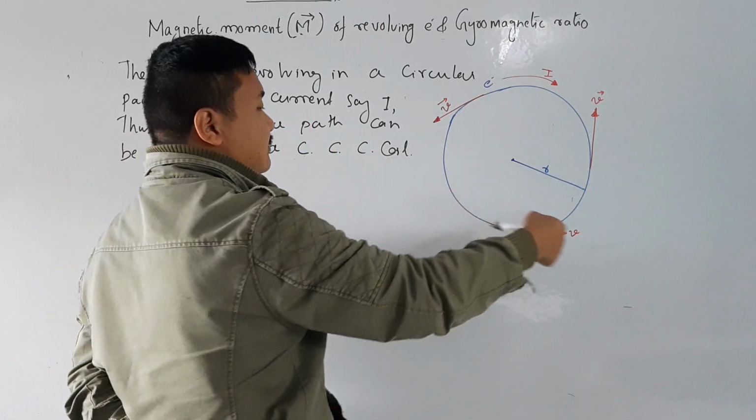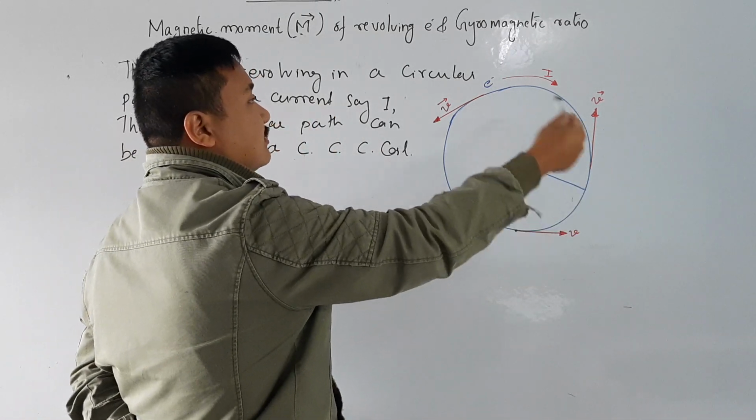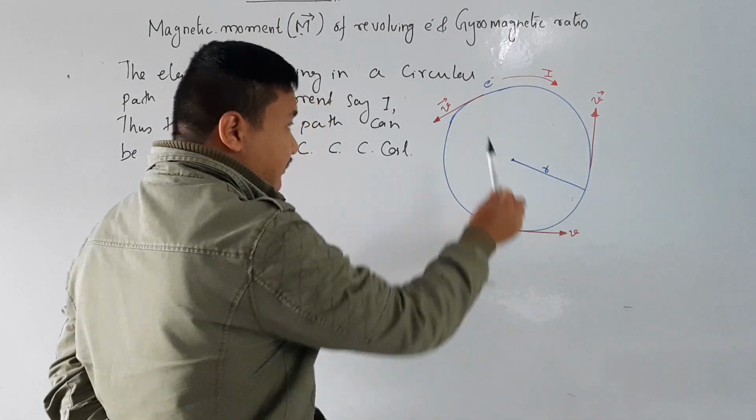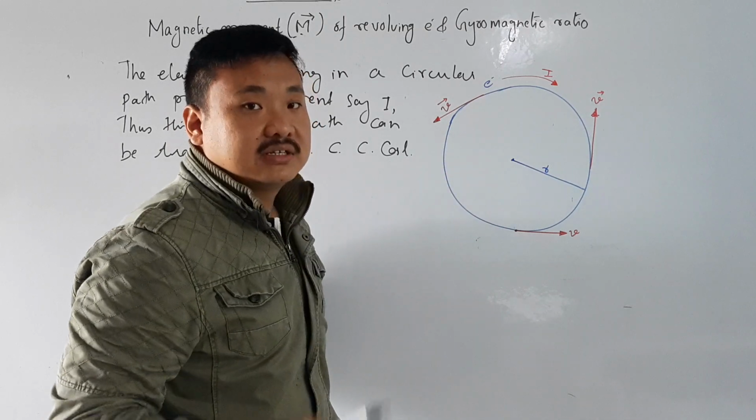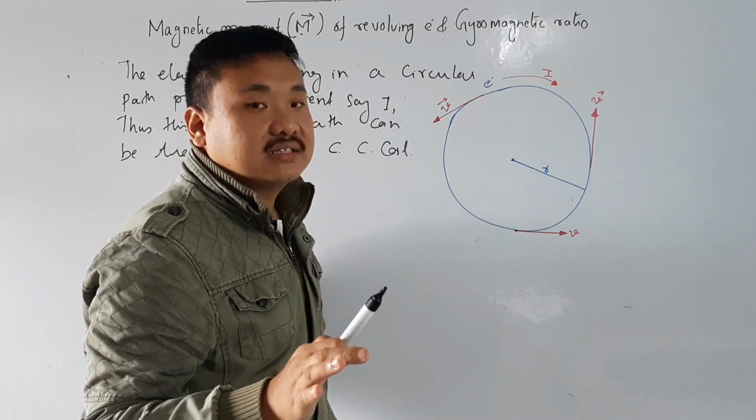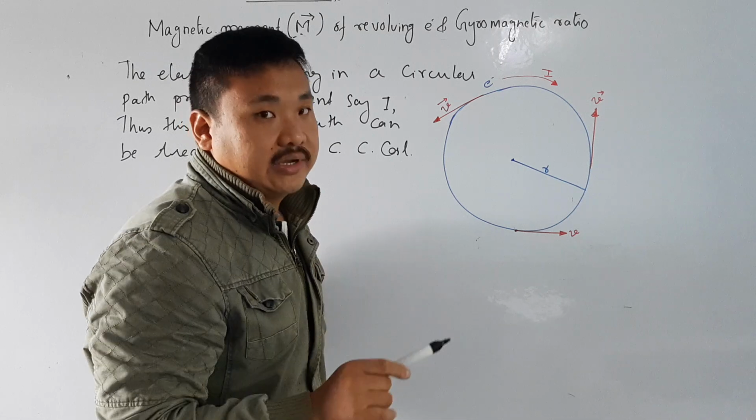If it is producing a current, then this circular path can be treated as a circular coil.